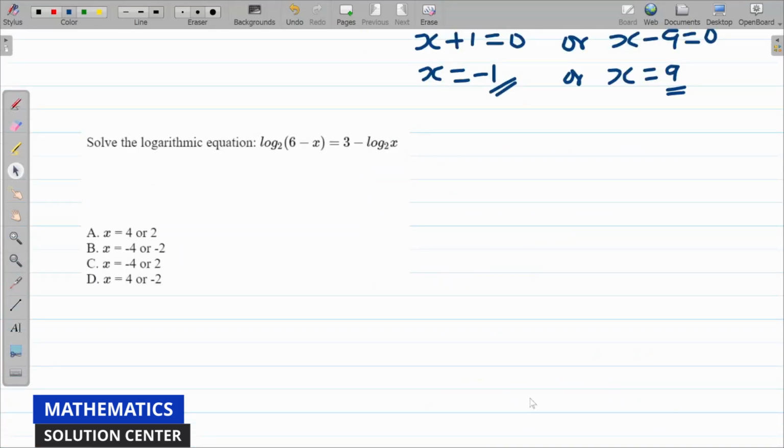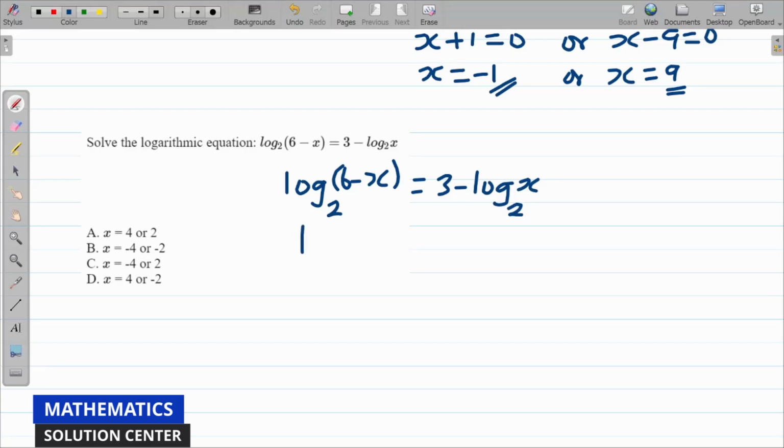Another question here, solve the logarithmic equation. Log (6 minus x) base 2 is equal to 3 minus log x base 2. Okay, what we have to do here, let's collect the like terms. So log (6 minus x) base 2 is equal to 3 minus log x also base 2.